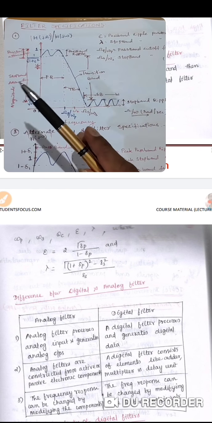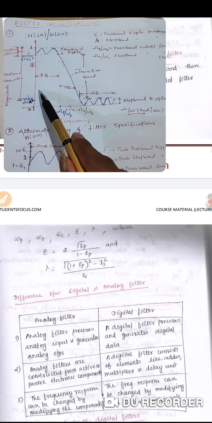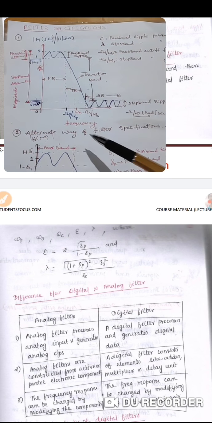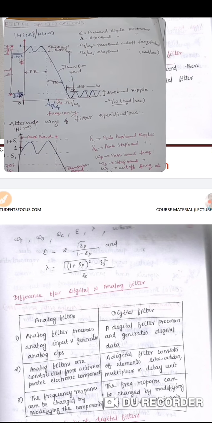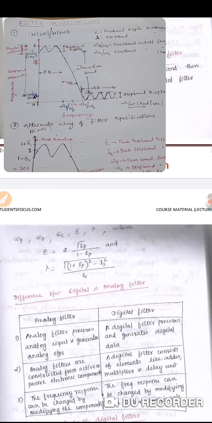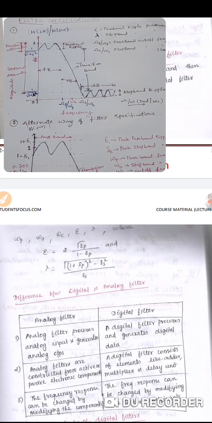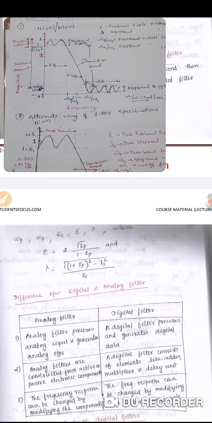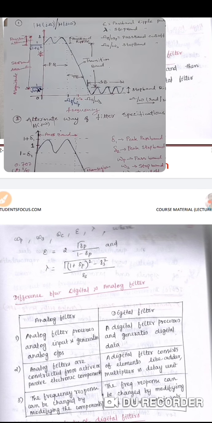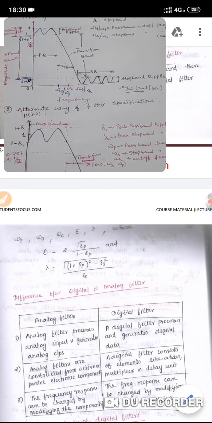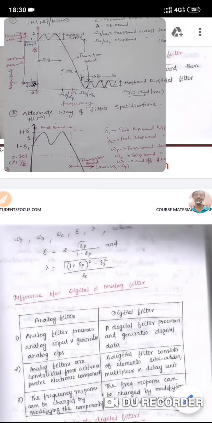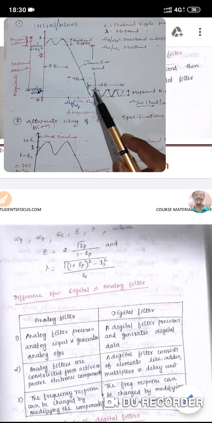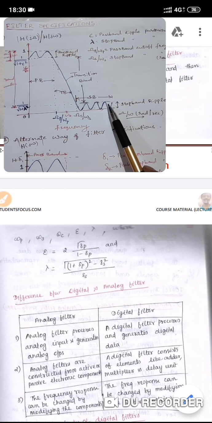We can specify the filter specifications in three different ways: one for the analog filter, one for the digital filter, and an alternate way of filter specifications. So first we will see the analog or digital filter specifications.